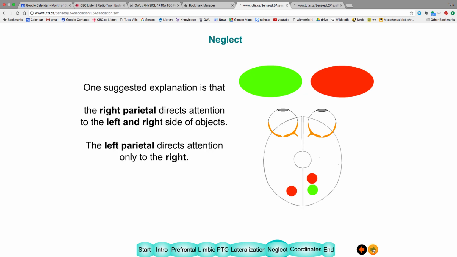And why is that? Well, one reason, perhaps, we don't quite know, is the parietal doesn't have the same representations on each side. On the right, you have both the right and the left visual field being represented, whereas on the left, you just have the right visual field represented.